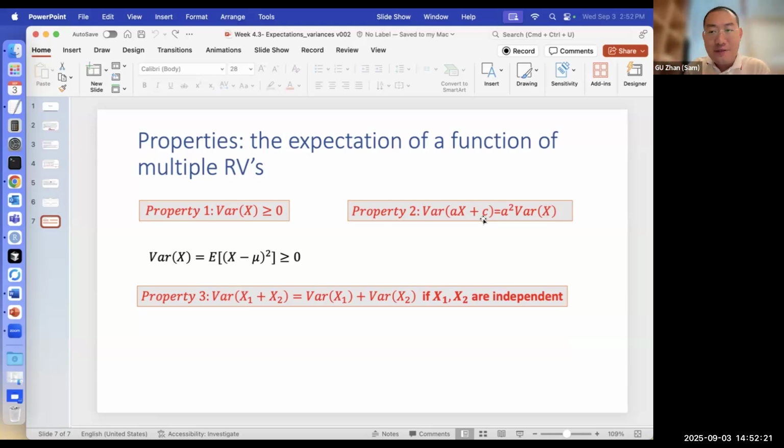However, the expected value changes. Earlier it's 3.5 for 1 to 6, right? Then moving from 11 to 16, you have added a constant c equal to 10. So the expected value will be 10 plus 3.5, so 13.5, while the variance stays unchanged.